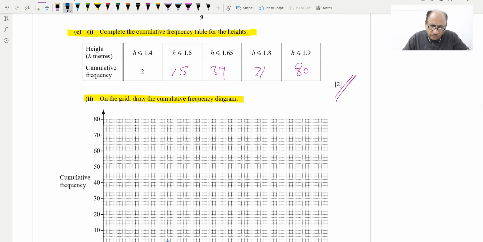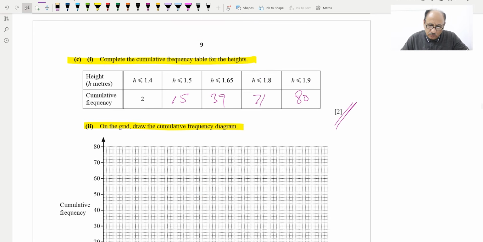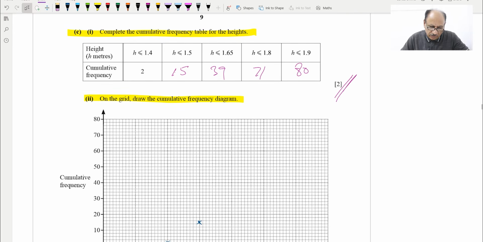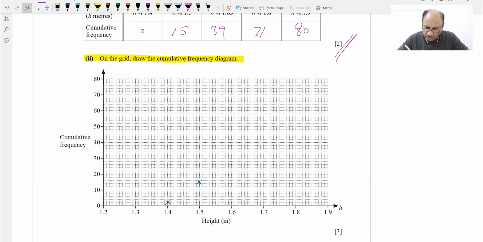Then 1.5 is 15, and 15 will be over here. And then comes 1.65, which is 39. So 1, 2, 3, 4, 5, up to this one is 39.